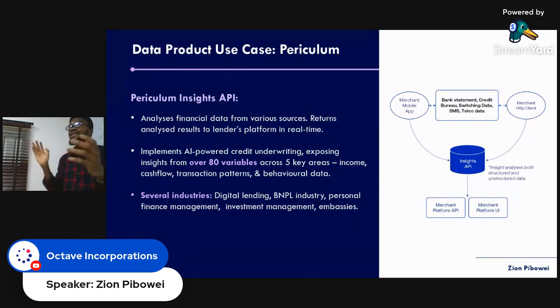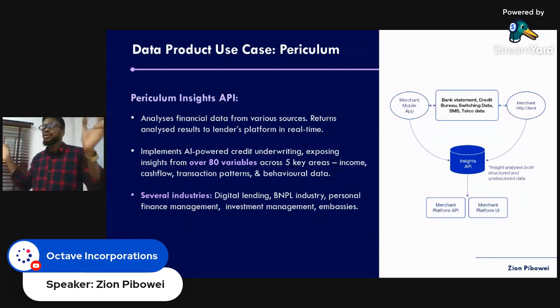The only way a company using our API will not have access to these variables across these 5 areas is if you as a user do not give them permission to access those things. But as long as it is permissioned, we are able to deliver machine learning inference, or machine learning predictions, or machine learning decisioning capabilities to those organizations. And then they see it on a live administrative dashboard: okay, these are the users that are actually worthy of the credit.